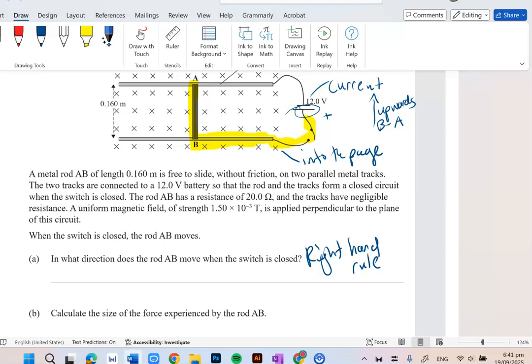So that means the force is to the left, so the rod will move to the left. We know that from our right hand rule. If you get it correct, it's an achieved.